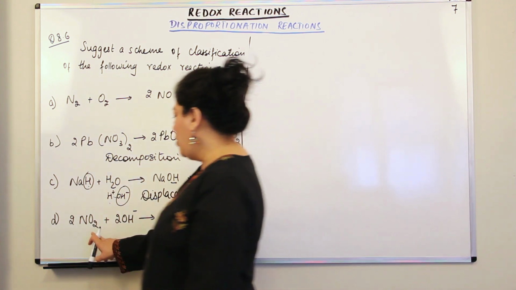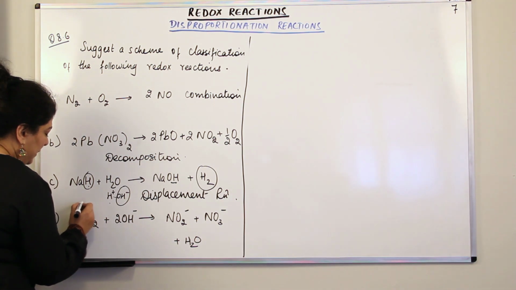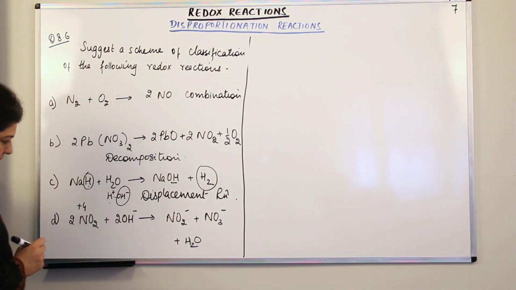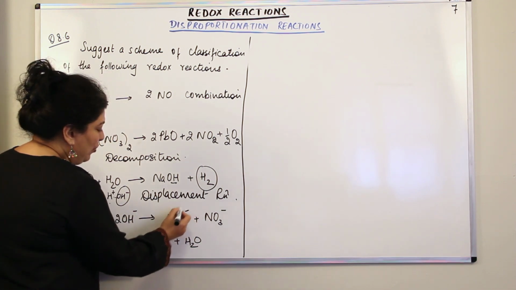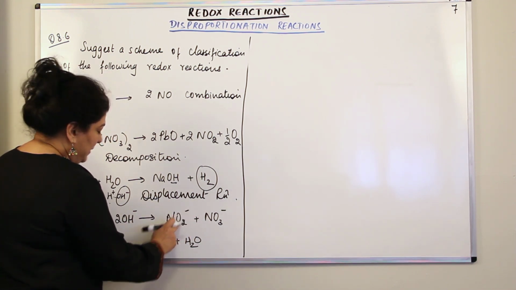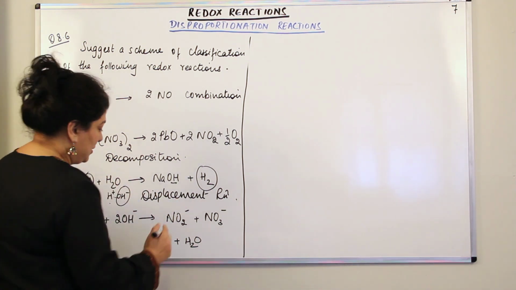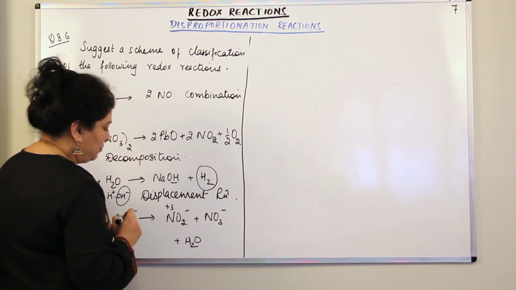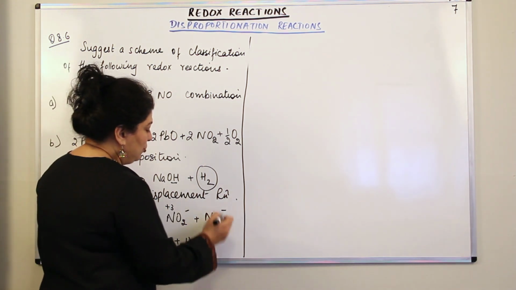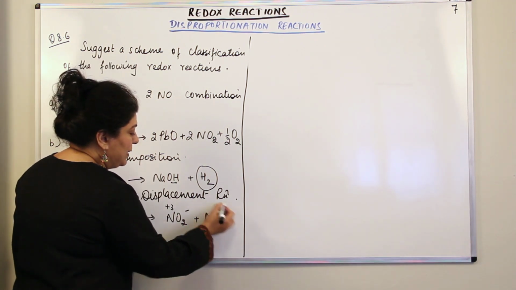In NO2, oxygen has a charge of 2 negative. Therefore, there are 4 negative charges and nitrogen has a charge of +4 here. In NO2 negative now, there are 4 negative charges and the nitrogen is fulfilling only 3 of those charges because it has a negative charge. So nitrogen has charge +3 here. And in NO3 negative, there are 6 negative charges, out of which 1 has not been neutralized.